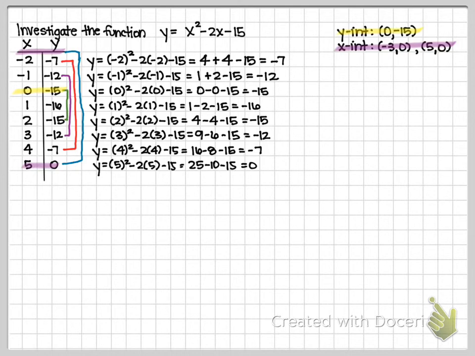It is that middle point where the y values started balancing each other out. So I think it's going to be at 1, -16. So let's go ahead and write that down. So we've got our vertex of 1, -16.